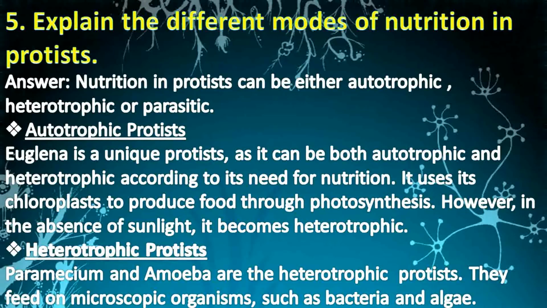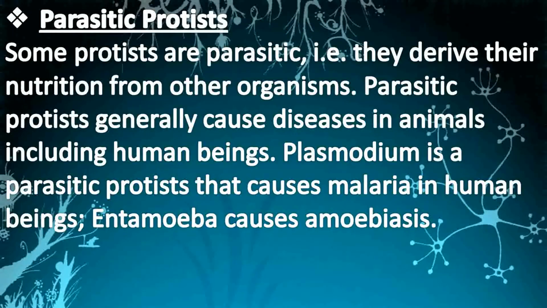Heterotrophic protists. Paramoecium and Amoeba are heterotrophic protists. They feed on microscopic organisms such as bacteria and algae. Parasitic protists.